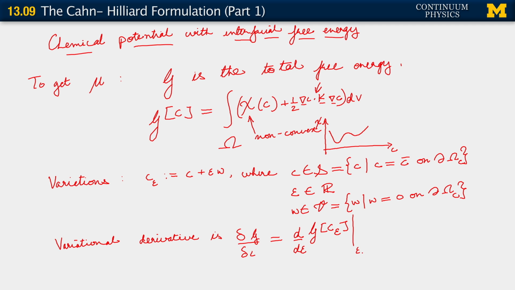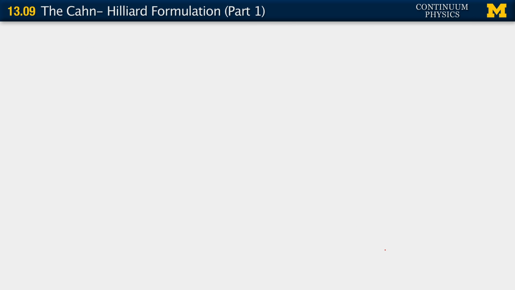Take that derivative and set epsilon equals 0. This is how we've rigorously defined our variational derivative. All right, so we're going to carry out that little computation.